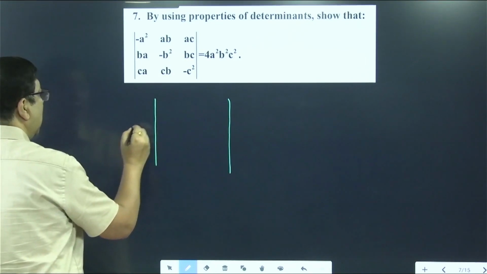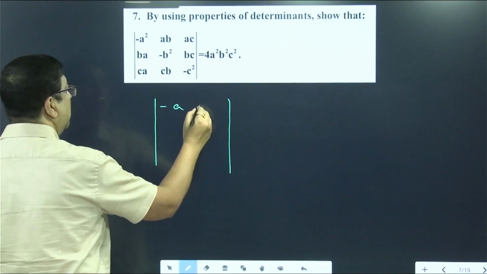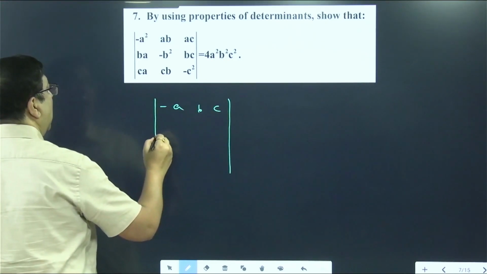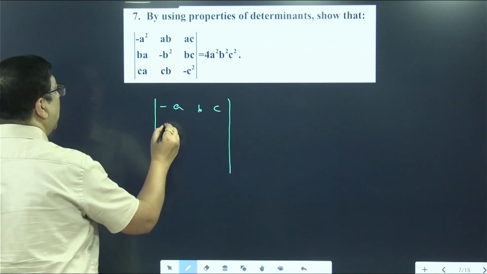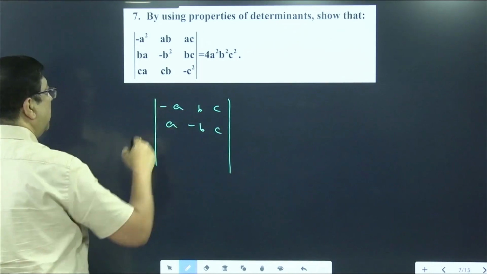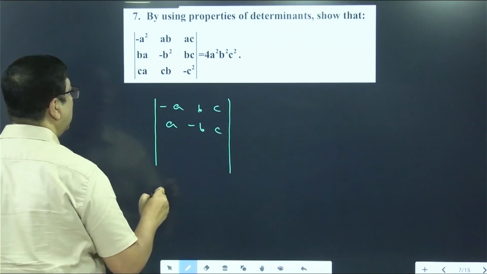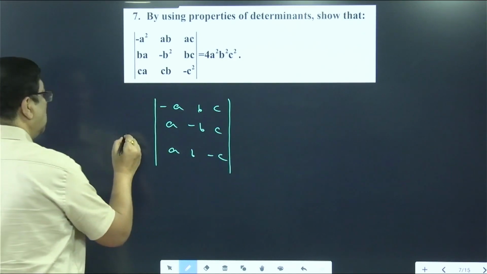So I am taking A here, I am writing minus A, B, C, and B common from row number 2. So we are getting here A, minus B, C, and C common from row number 3, and we are getting here A, B, minus C, and outside it is A, B, C.